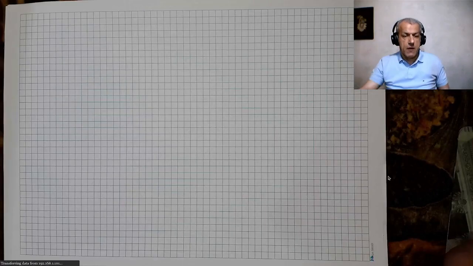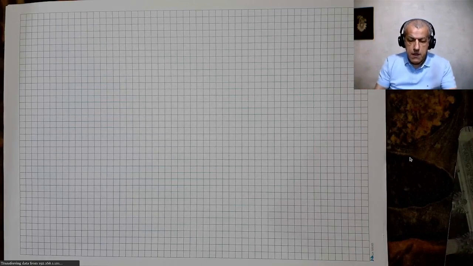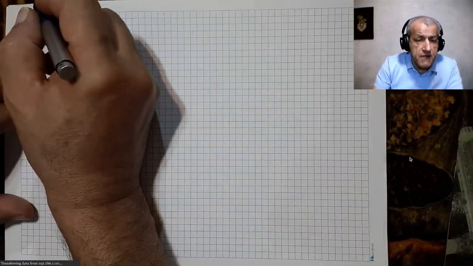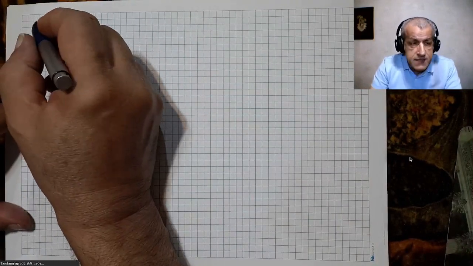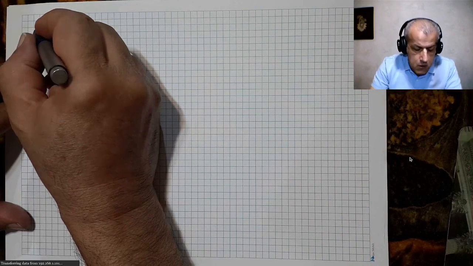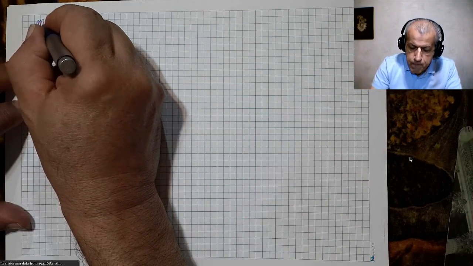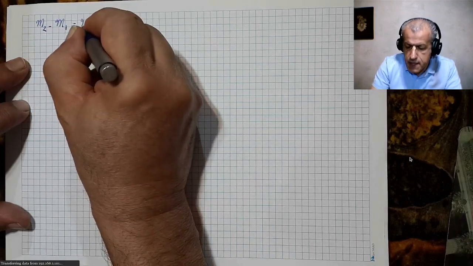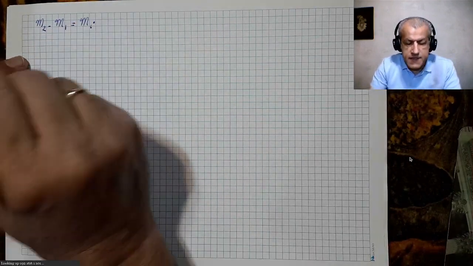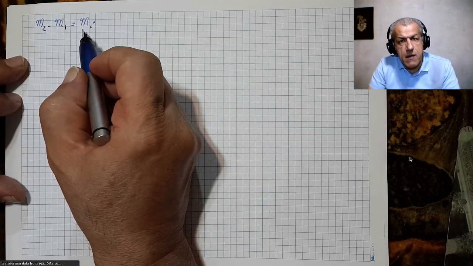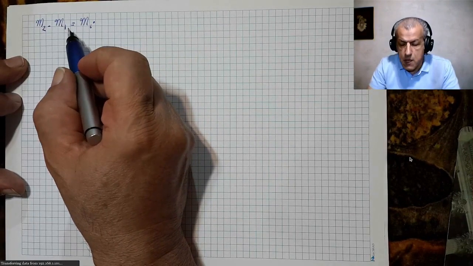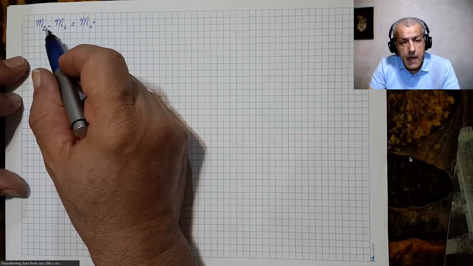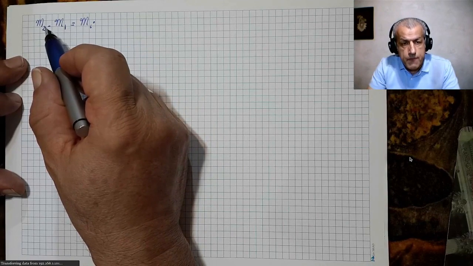So the simplified version of the mass conservation equation would be m2 minus m1 equals mi. This is the mass that has entered our control volume between conditions 1 and 2.